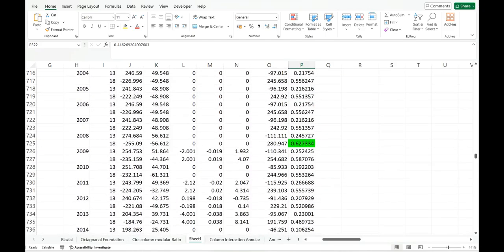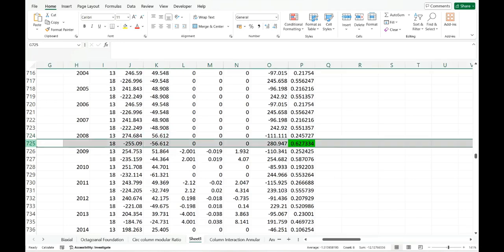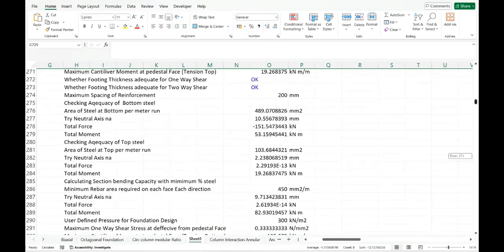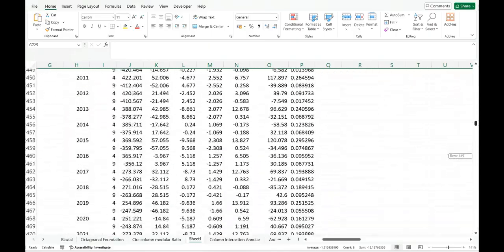Here we have a load of 255 kilonewton and a moment of 280.95 kilonewton meter. Now for the 255 kilonewton load, let's check what is the limiting load.